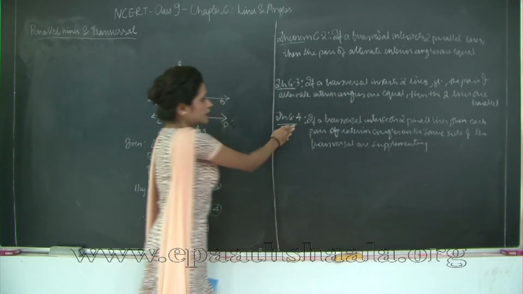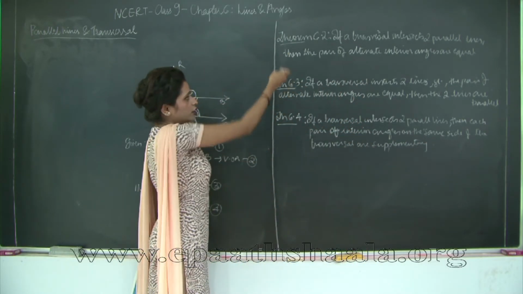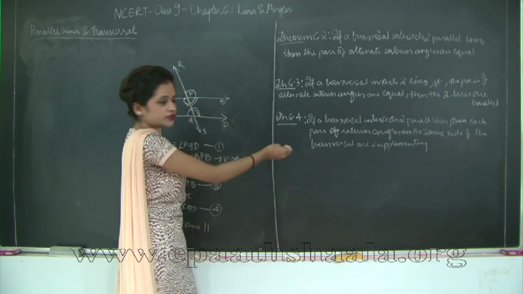Right? Similarly, like how we had the converse for 6.2, the converse was 6.3, we have the converse for this as well.